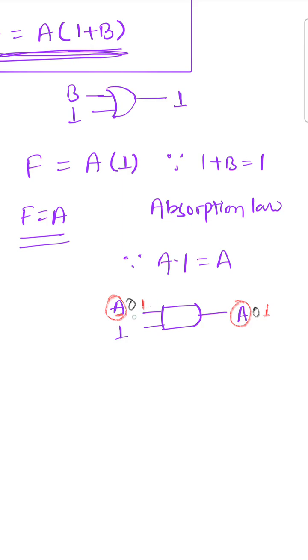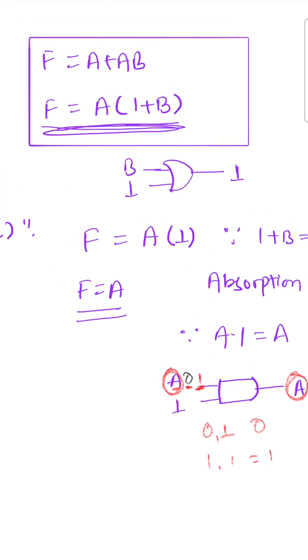If the value of a is 0, the AND between 0 and 1 is always 0, and if the input is 1, the AND between 1 and 1 is always 1. That means if the input is a, the output is also a, if the other input of the AND gate is 1. Okay, so finally we reduce the number of gates from 2 gates to 0 gates. This is called simplification, right?